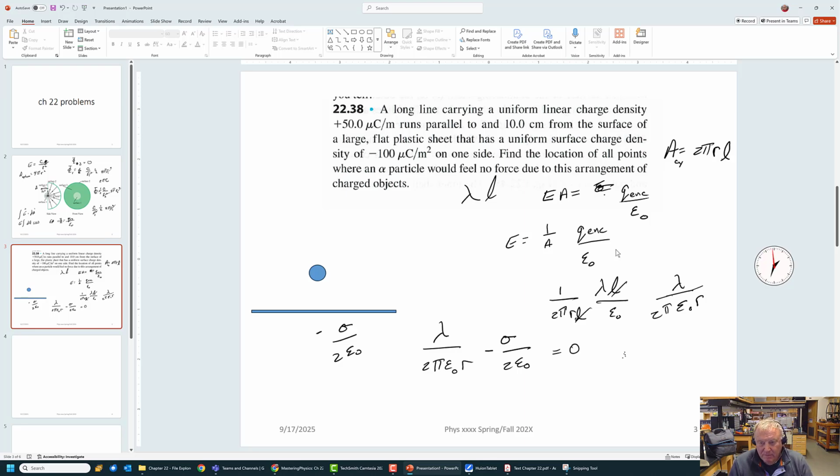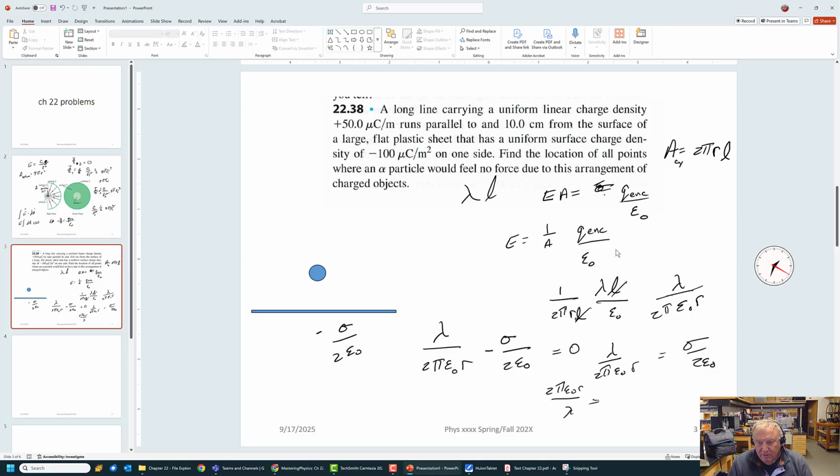So lambda over 2 pi epsilon 0 r equals sigma over 2 epsilon 0, and we invert both sides.